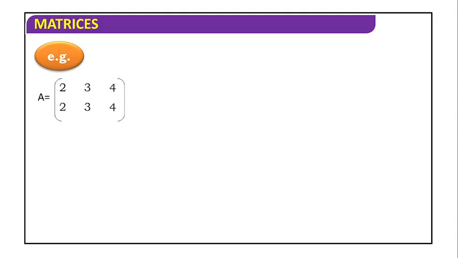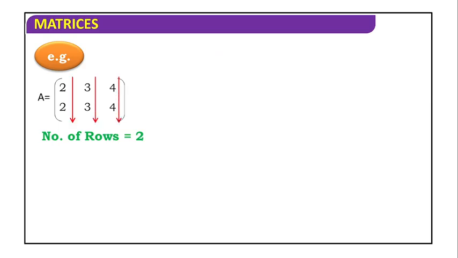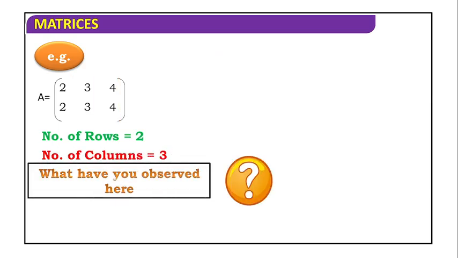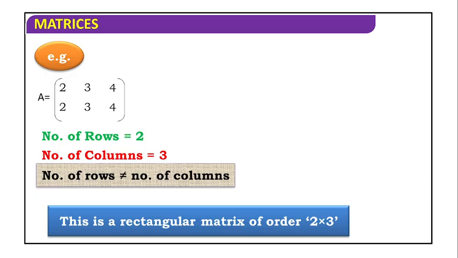Here totally 2 rows and 3 columns are there. The number of columns is not equal to the number of rows, then the matrix is said to be a rectangular matrix.